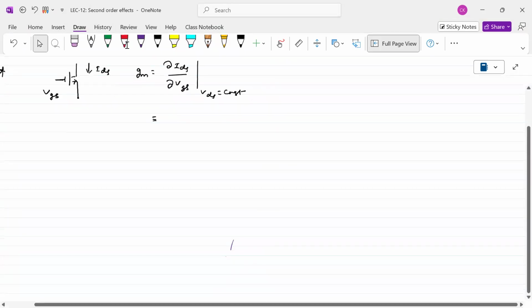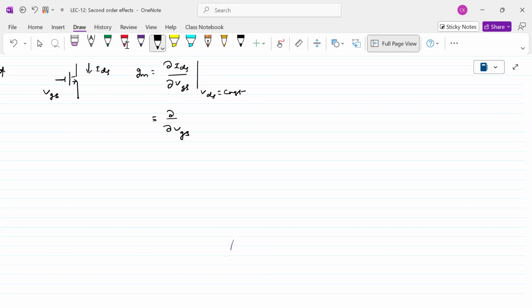So if you take the derivative of this with respect to VGS, we get GM under linear. We need the derivative with respect to VGS, and VGS minus VT.